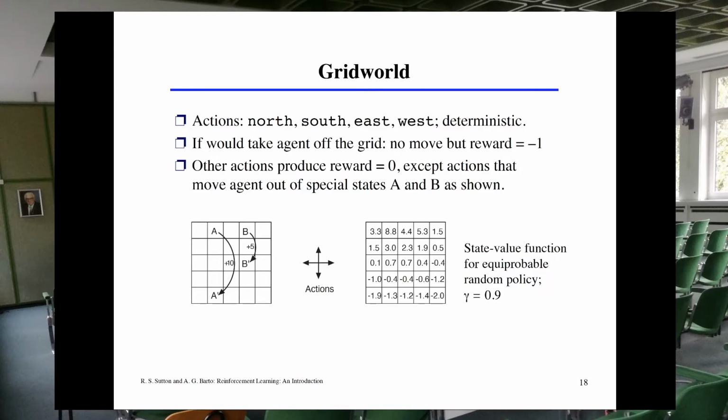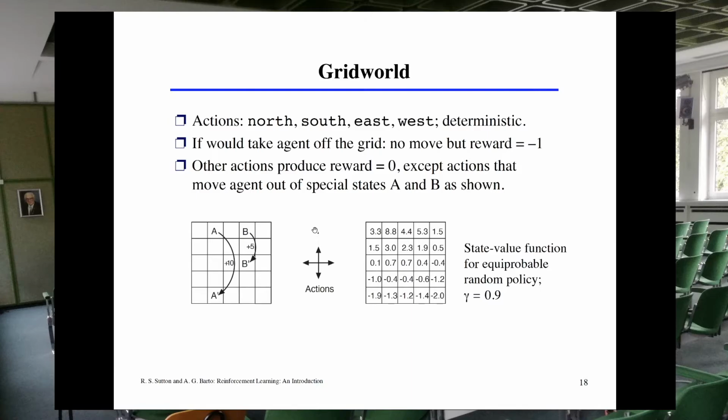Imagine a problem that is a grid world, of 5 by 5 squares, in which the actions are 4: going north, south, east or west. So we have only 4 actions in this small grid world. Let's assume that the task is deterministic.